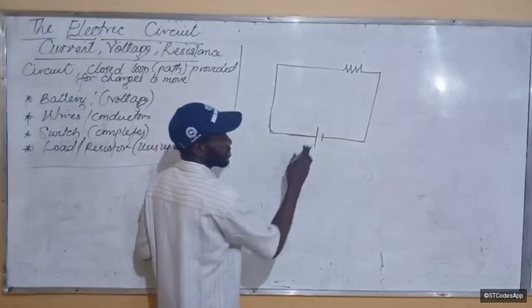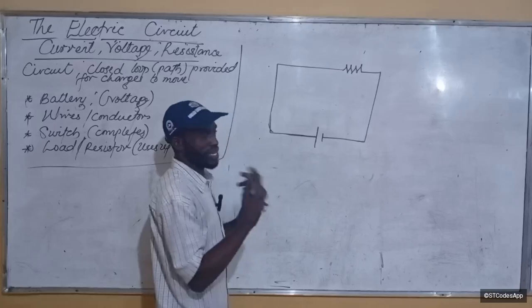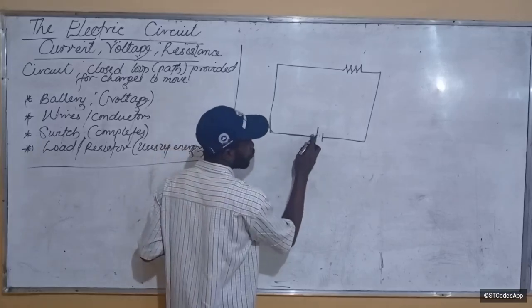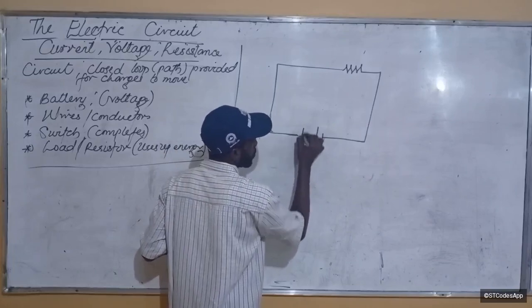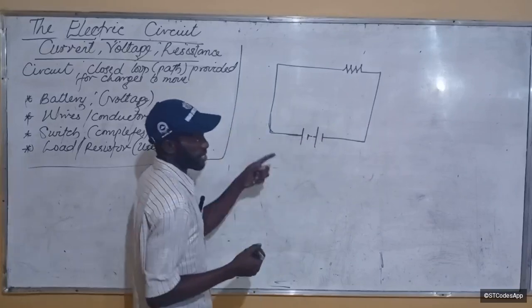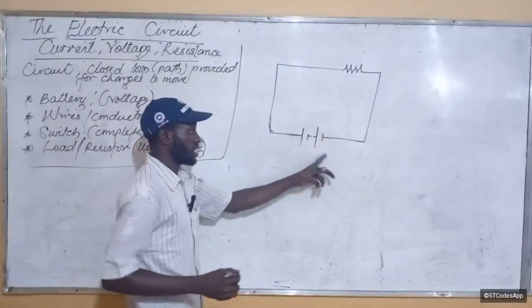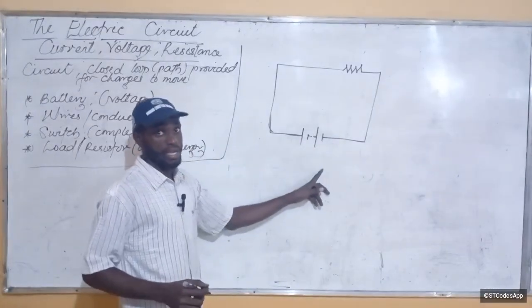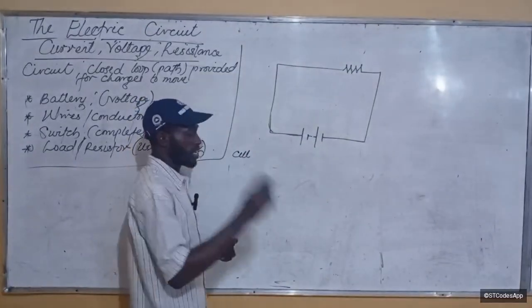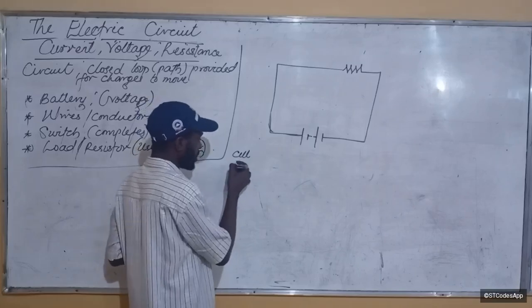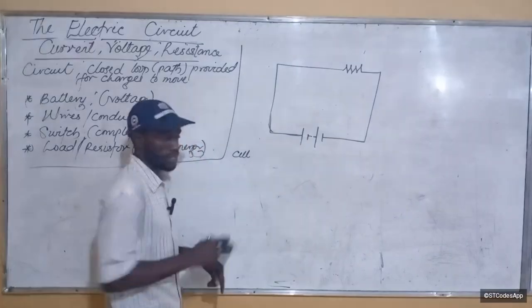When we connect batteries together, I can have two batteries here. The way we do that is we use dotted lines, connecting them end to end like this. So this is a battery, meaning that it is more than one cell. A cell is one battery, think of it that way. Then a battery is many cells together.